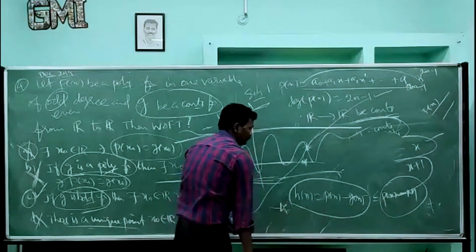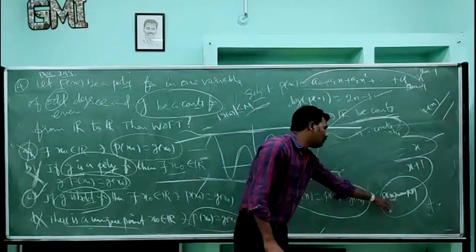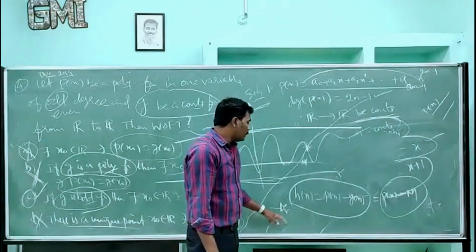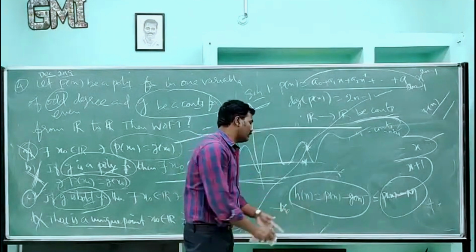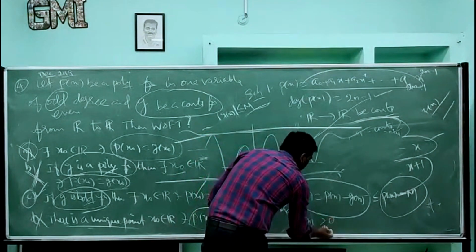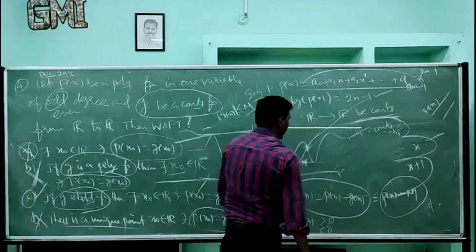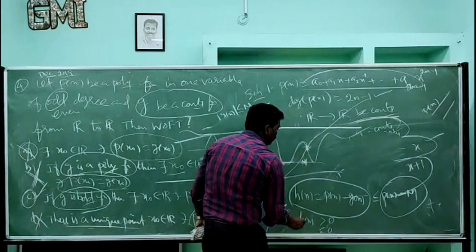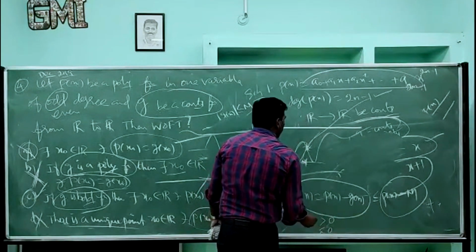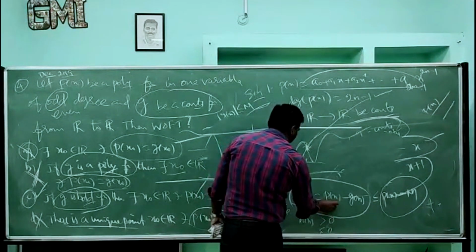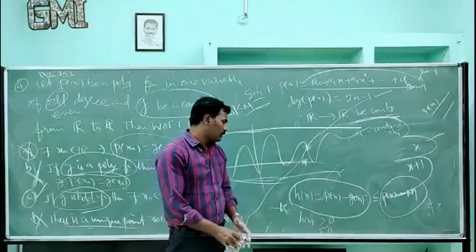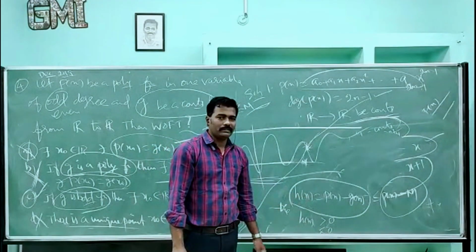That we are very sure of. At some point it will be positive, at some point negative. So H takes some points positive and some points negative, and H is a continuous function. Therefore, by the location of roots theorem, H vanishes at least at some point.